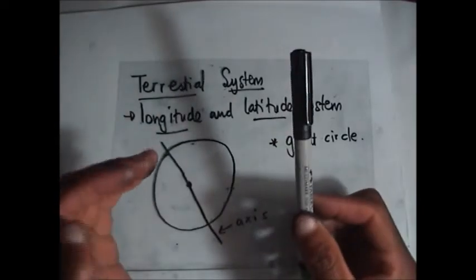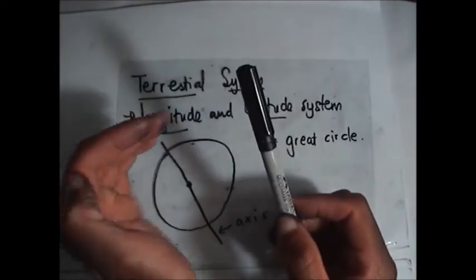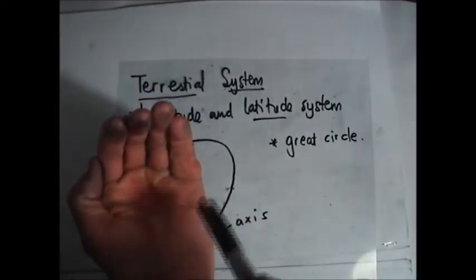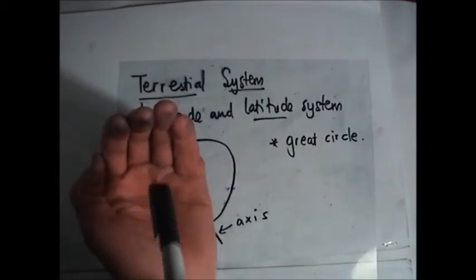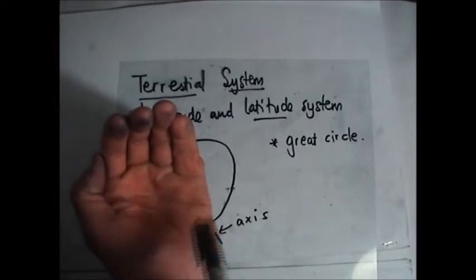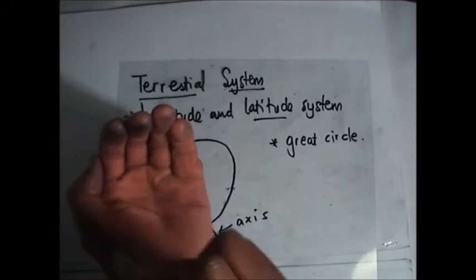And then when you take the half of the orange and you look at it like this, there will be a circle with a center here. That circle is what is called a great circle.